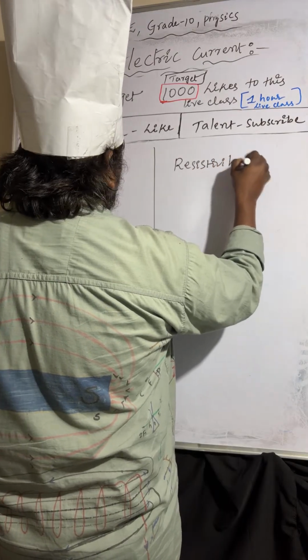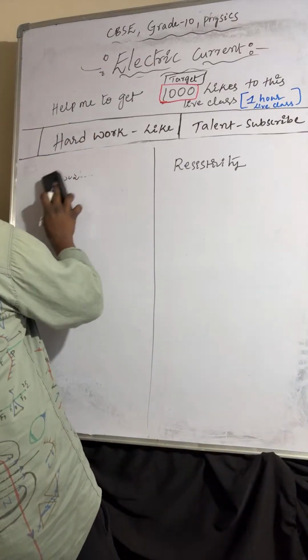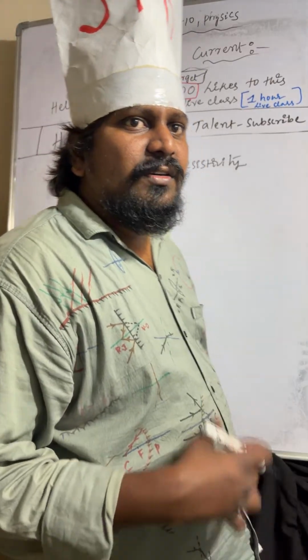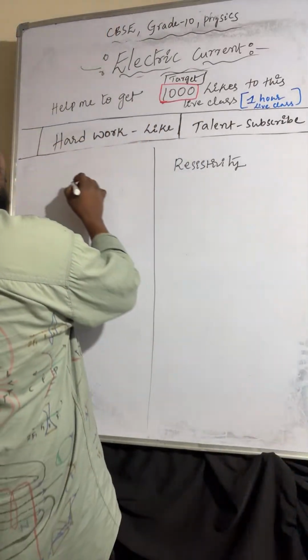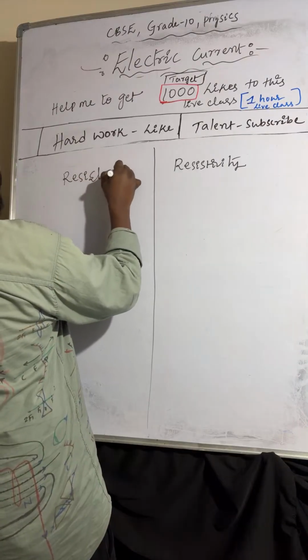Resistivity is equal to the resistance of the conductor per unit length and unit cross-sectional area.